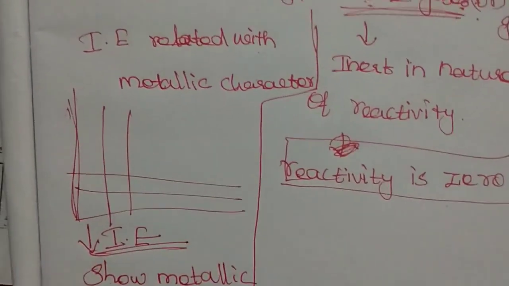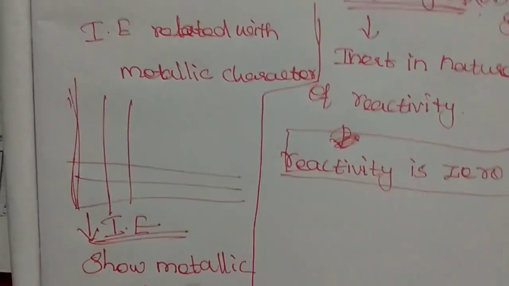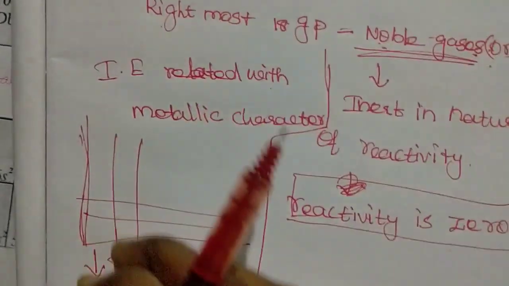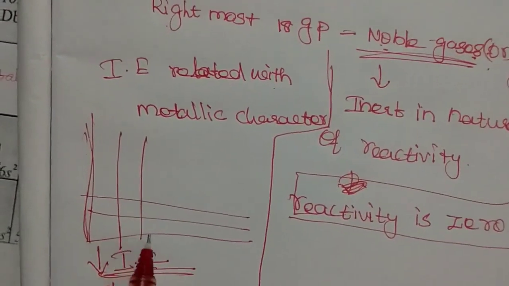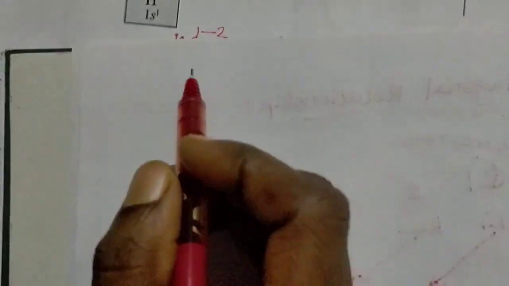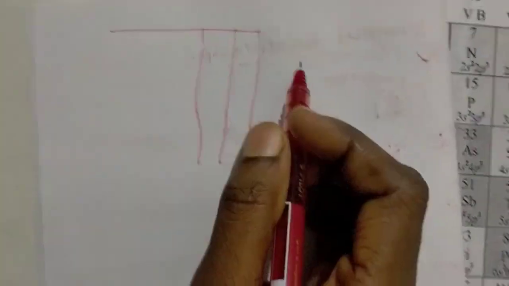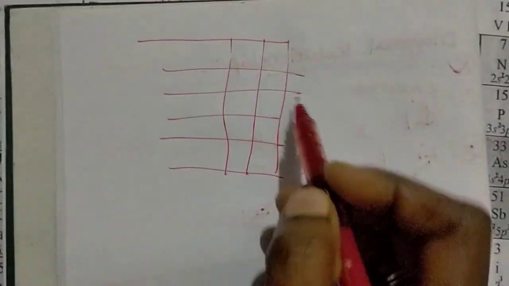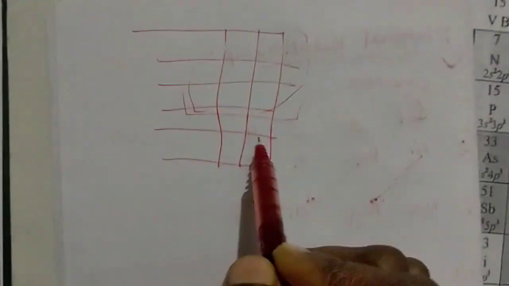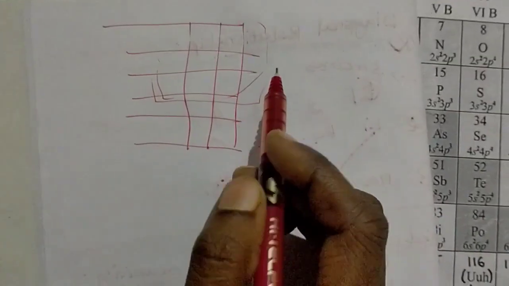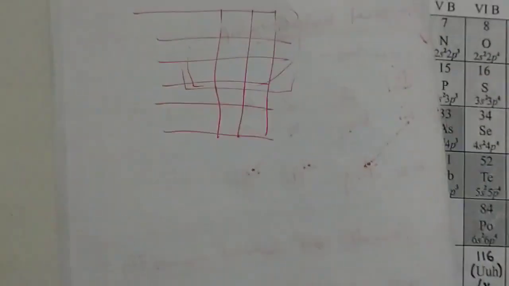So ionization energy is related to metallic character when we look at the lower part of the left side of the modern periodic table. And if you take the top right of the modern periodic table, those elements have very high ionization energy, so they have non-metallic character.